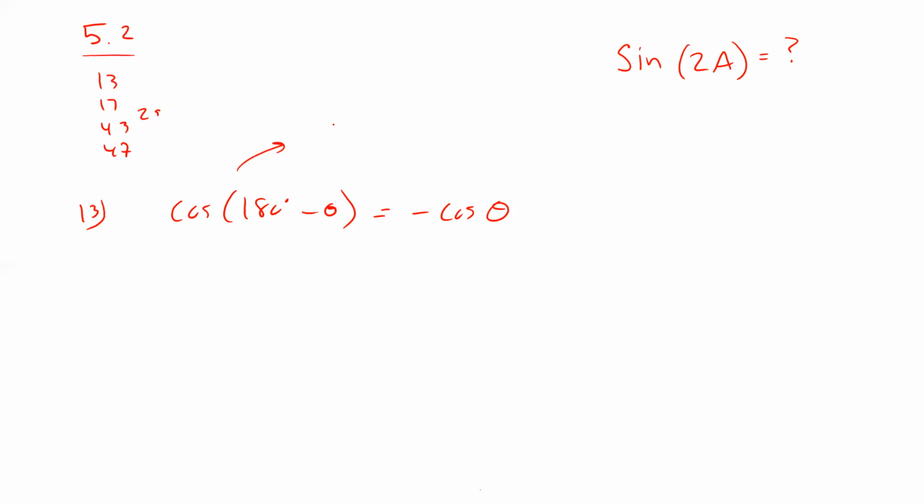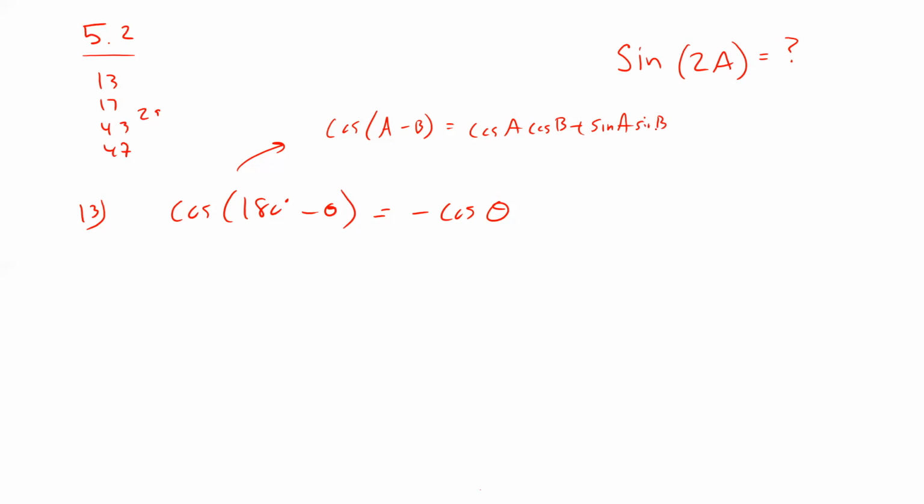In my mind, I go to a difference formula for cosine. That's where I go to. So it's going to be cosine A cosine B plus sine A sine B. That's the formula there.